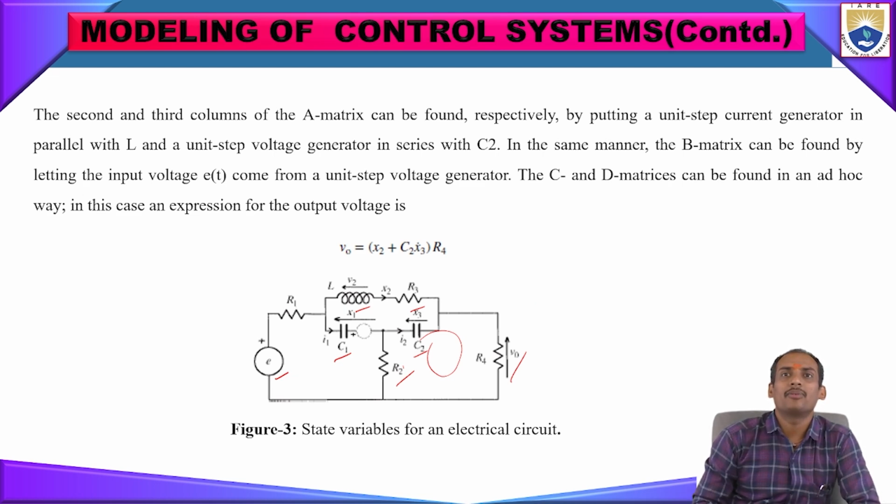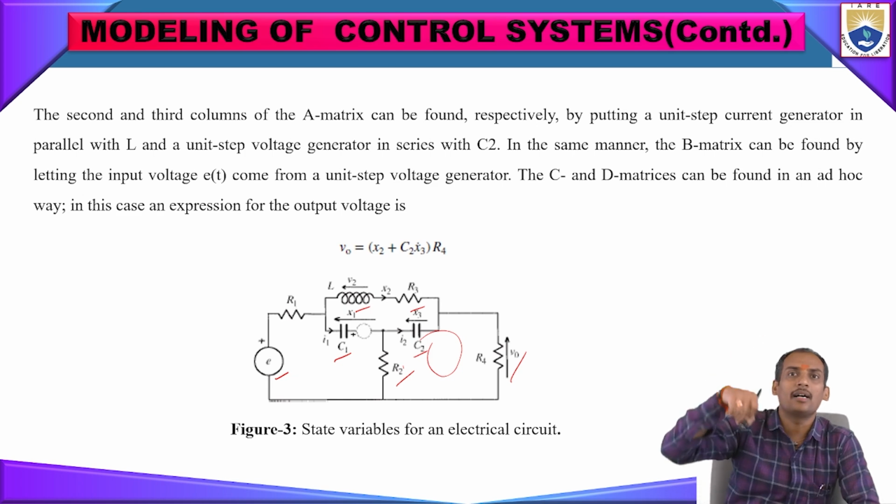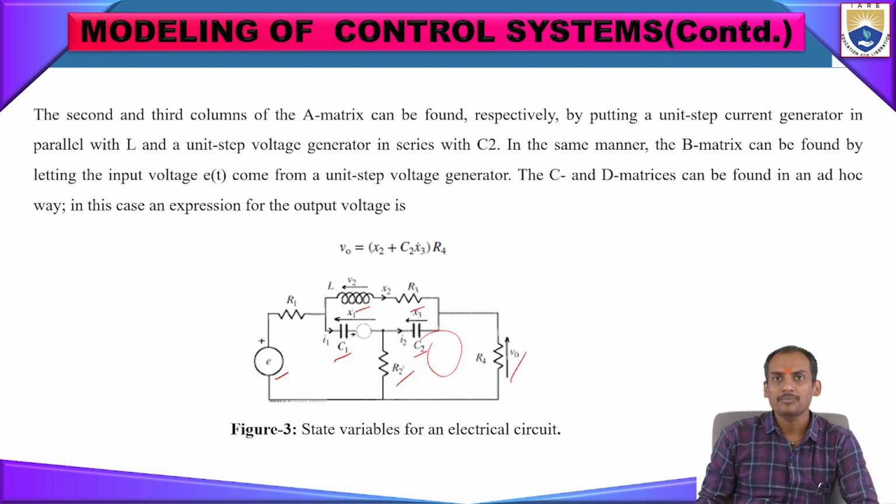So I will be the current in that direction, x2 plus x3 through that capacitance, and R4 will be the resistor in that other loop, like a closed loop, where we go from starting to ending.